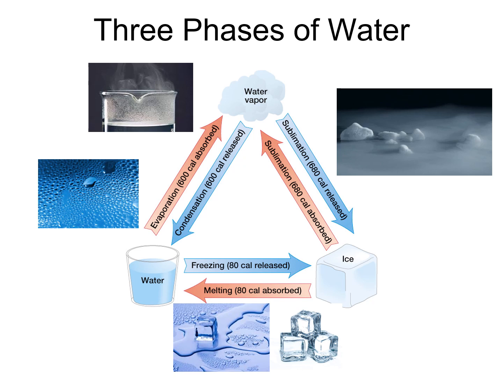Now we could also see ice turn directly into water vapor, especially in very dry areas like the Arctic or Antarctic or maybe in high elevations. We see ice absorb a tremendous amount of energy, skip the liquid phase, and go directly to water vapor. And the energy would be in the water vapor.